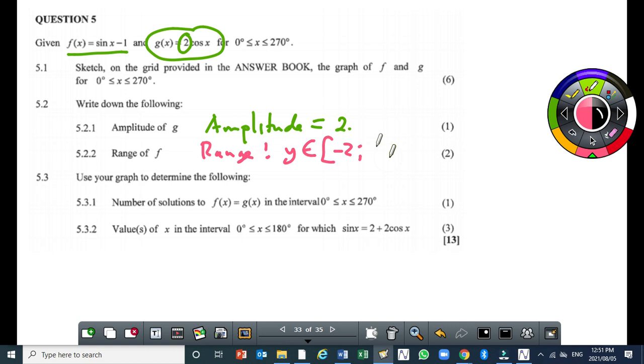Please, you have to put square brackets here. If you put circular brackets, your answer becomes incorrect. So you have to put square brackets to indicate that you are including both the minimum value and the maximum. Also, when you write your range, always start with the minimum value, then the maximum.